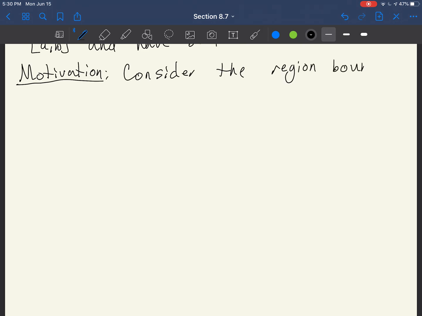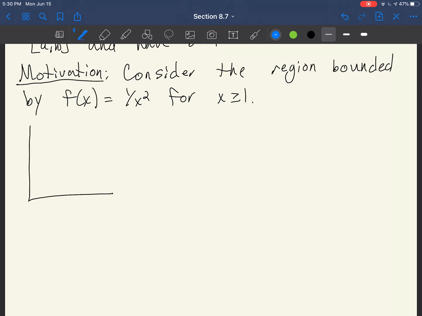So consider the region. This region is infinite, bounded by f of x equals 1 over x squared for x bigger than or equal to 1. So that looks like this is 1 over x squared. That's a bad drawing. Let's do this.